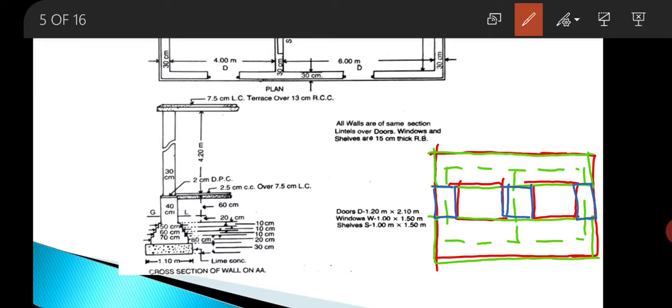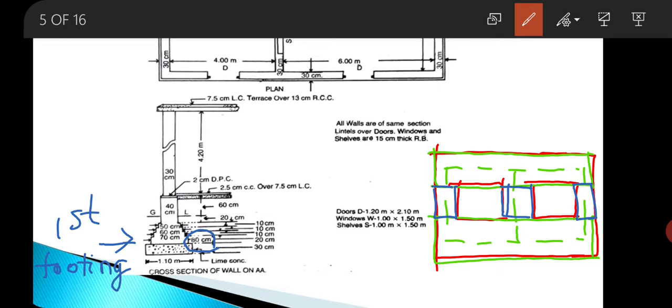The first footing is of width 80 centimeter, and this is the first footing that is placed above the CC cement concrete work.